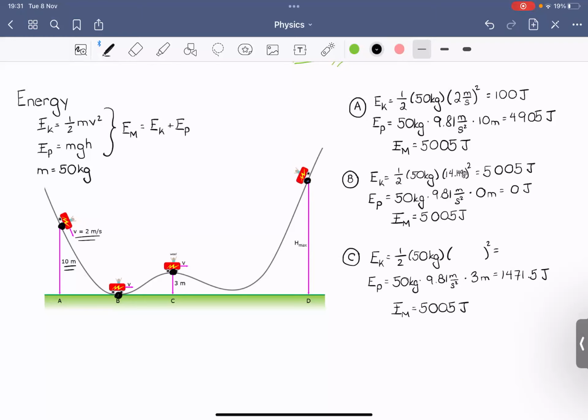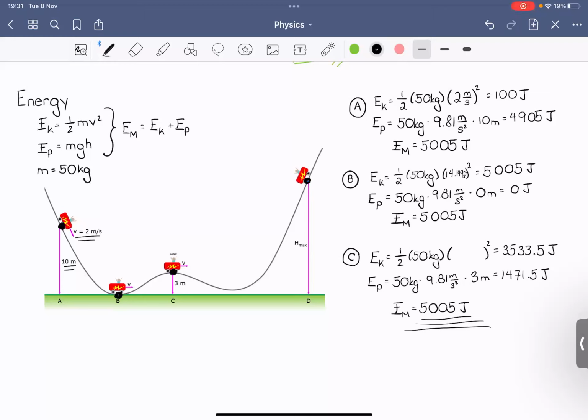Now, since the sum has to be 5,005 joules, and I already have that my potential energy is 1,471.5, then that means that the rest of it is going to be kinetic energy. 5,005 minus 1,471.5, which means that my kinetic energy would be 3,533.5.